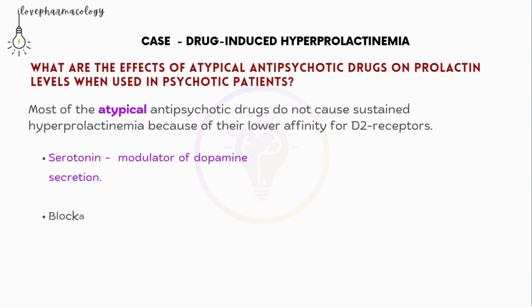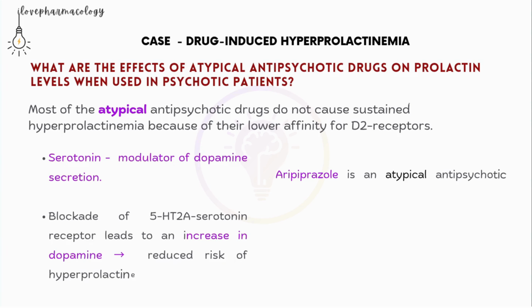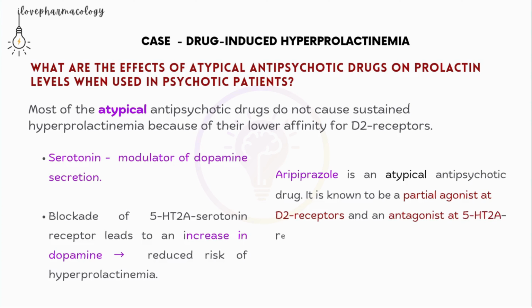So whenever this atypical antipsychotic blocks the 5-HT2A serotonin receptor, they increase the level of the dopamine. So as you know that increasing the dopamine levels will reduce the prolactin release. So thereby it causes decrease in the risk of hyperprolactinemia.